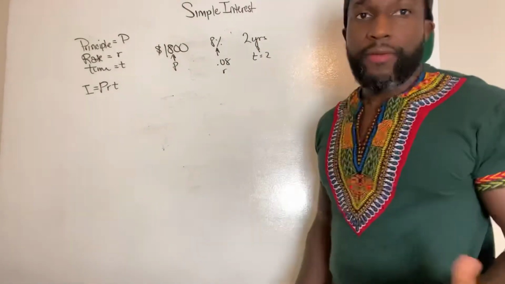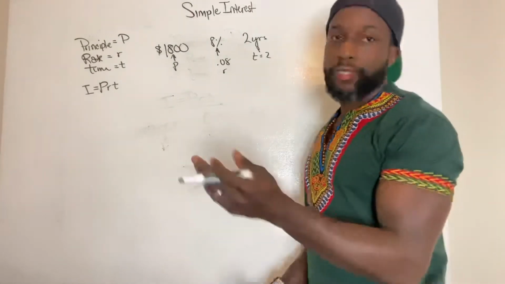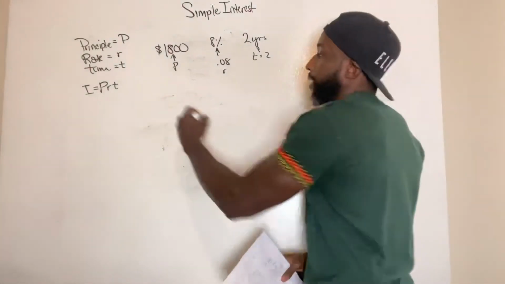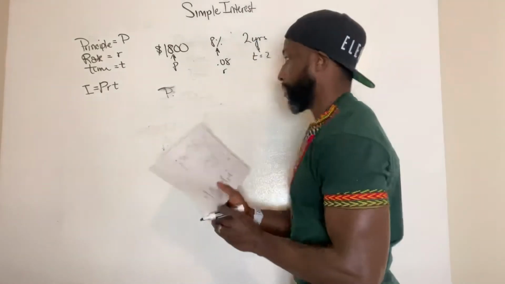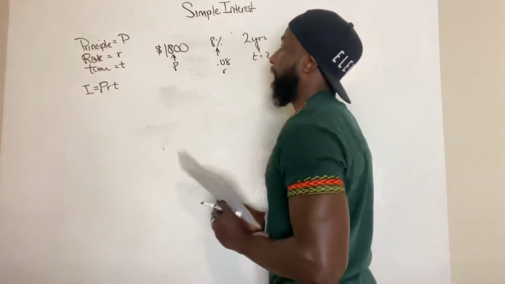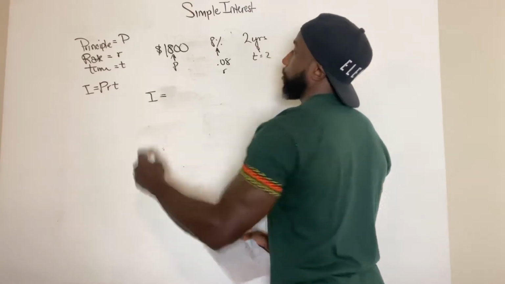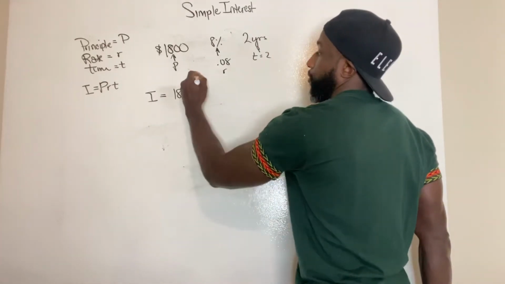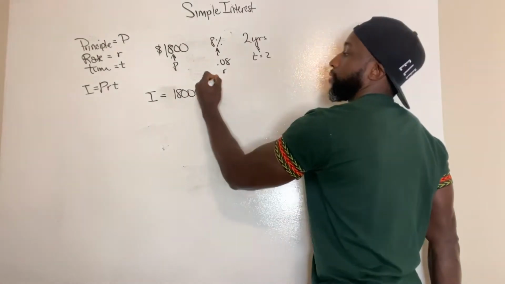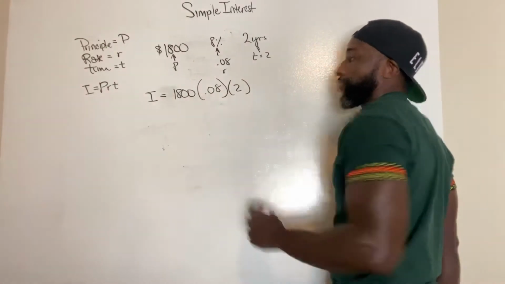Once you identify what's what, plug it into the equation and do the math. So I is going to equal 1,800 for P, times the rate R, times the time, 2.